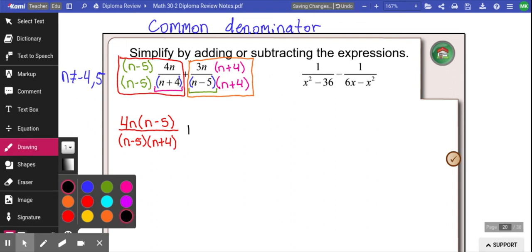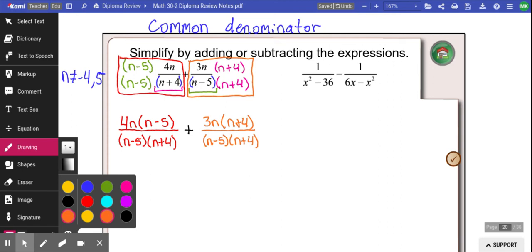We're still adding. The second fraction is now 3n on the top times n plus 4, divided by n minus 5, n plus 4. You've now successfully gotten a lowest common denominator.